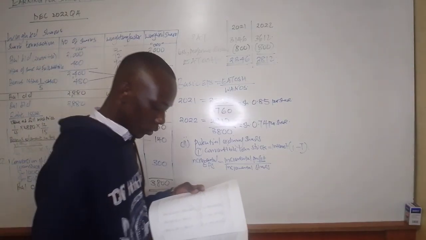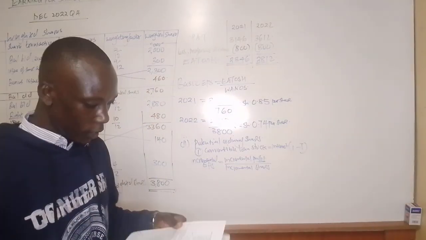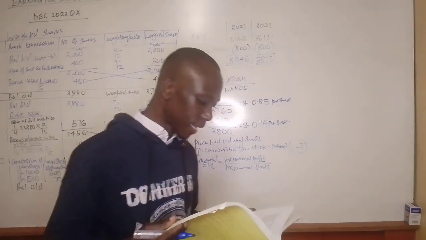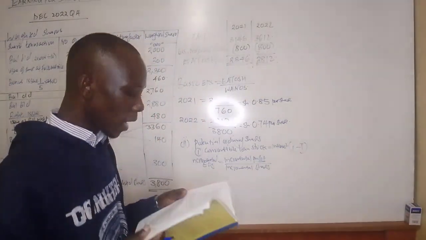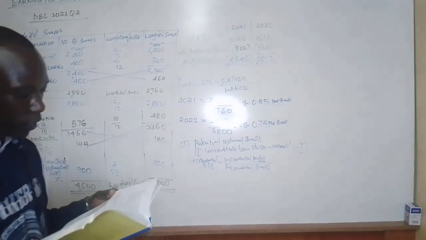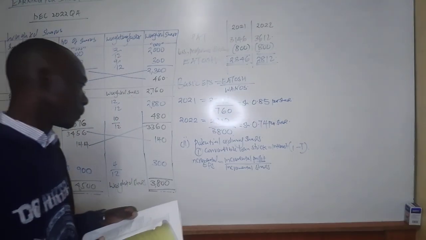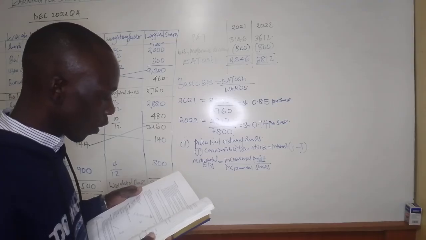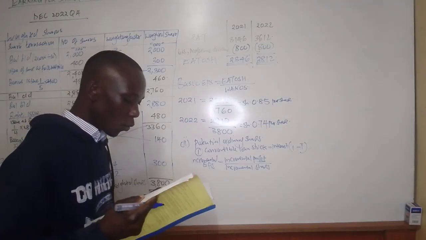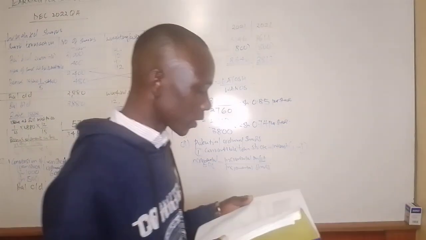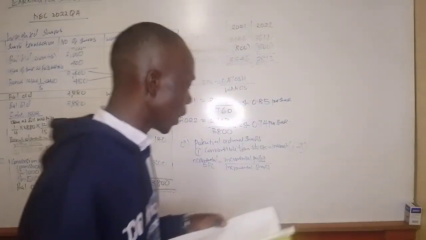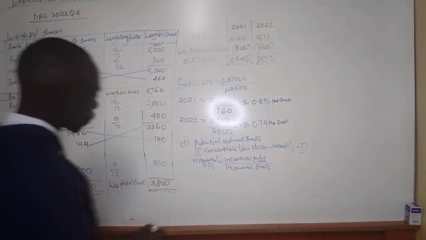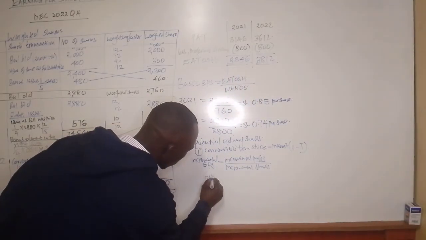We go back to the note. This is what we are told, that the company had in issue a convertible loan stock of shillings 6 million, which carries an effective interest rate of 8% per annum. So the amount is 6 million.